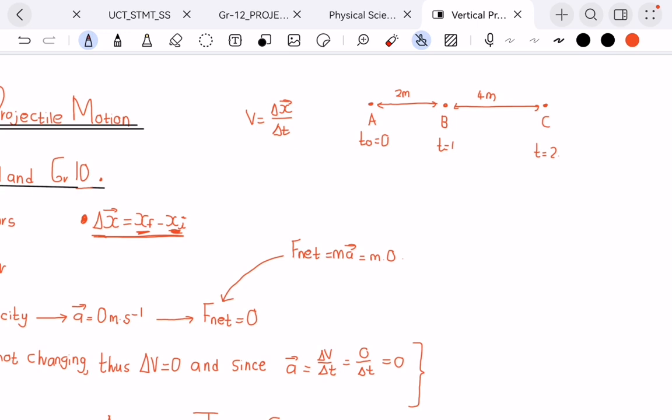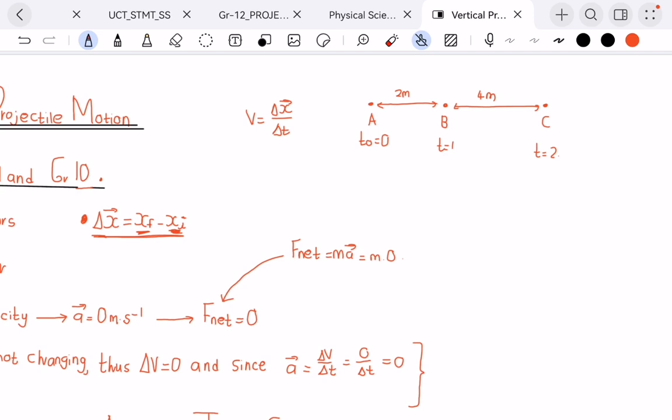And then from A to B, the displacement is 2 meters, and then the displacement from B to C is 4 meters. So in this case, if you're gonna calculate the velocity between A and B and C, that is going to tell us in which range is the person moving the fastest.